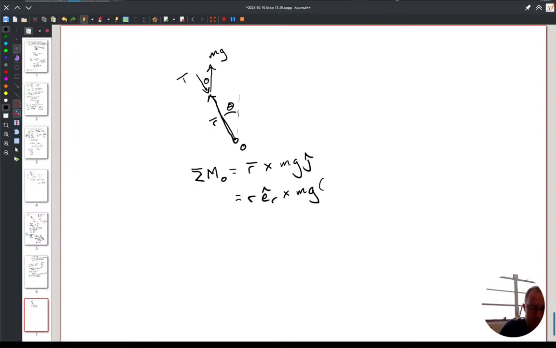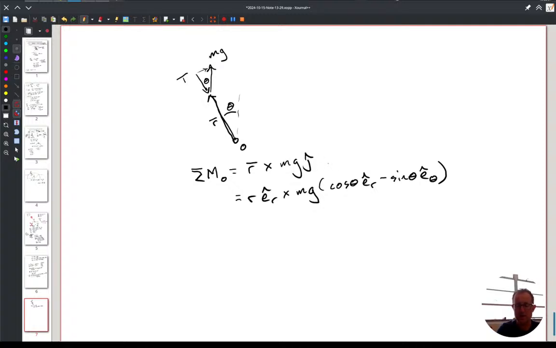And what I could do is say that, so this is theta, mg cosine theta along that ER, and then minus sine theta along that E theta direction. So taking that j term, I could do it either way.